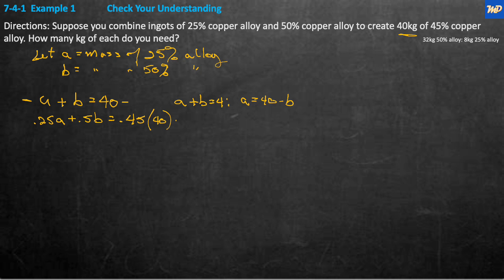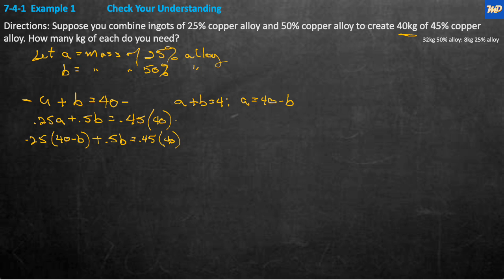So now we're going to substitute 40 minus B for A in the next equation. So I'm going to say 0.25 times 40 minus B plus 0.5 B is equal to 0.45 times 40.